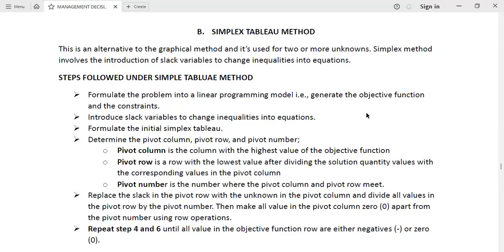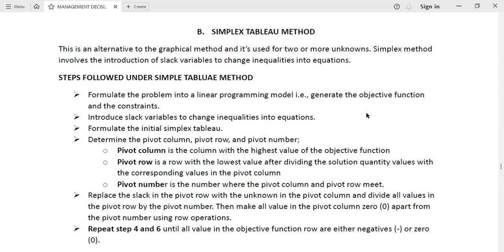Secondly, it has the constraints, the limited resources that are limiting us from achieving the desired objective. So when we formulate, the combination of those two forms what we call the linear programming model.